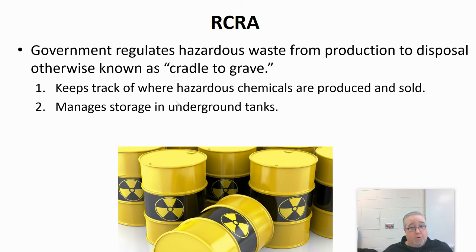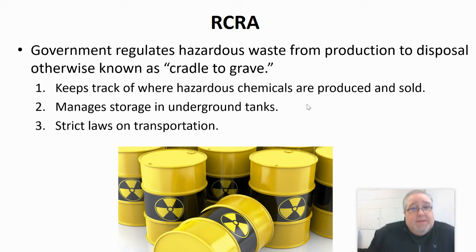So the federal government knows exactly where all this hazardous waste is, and it also allows the government to create laws based on the transportation of these things. This RCRA Act is designed to help our government track the production of hazardous waste. We call it from cradle to grave. So from when it's produced to eventually where it's stored, the government knows exactly where that's happening.